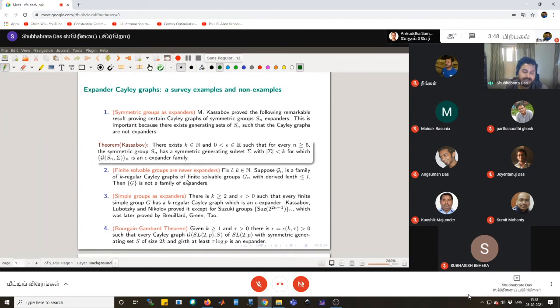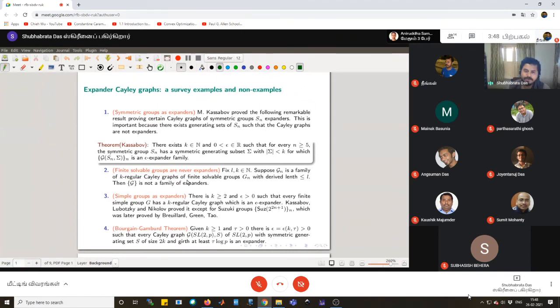So if we start with representations which do not have invariant vectors, then for such property T groups we do not have almost invariant vectors. So we can hope to find epsilons for which the norm of pi(g)v minus v is bounded below by epsilon times the norm of v. That was the main ingredient that we used to construct expanders.